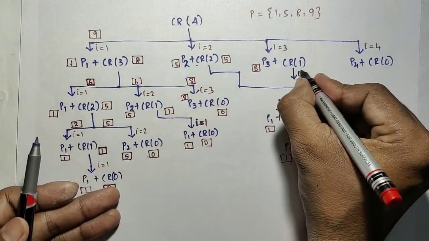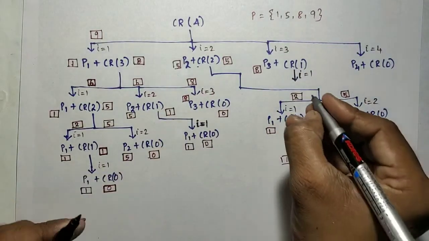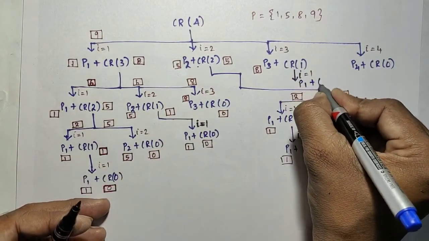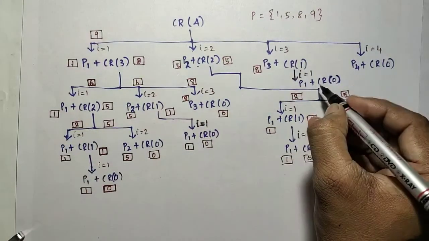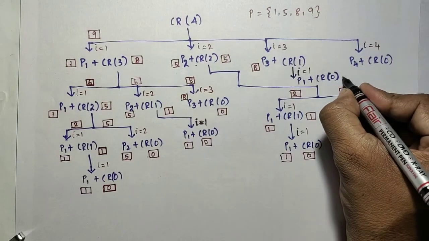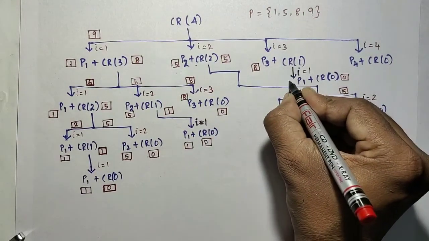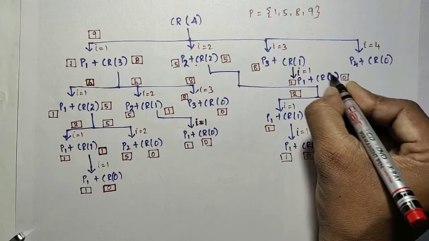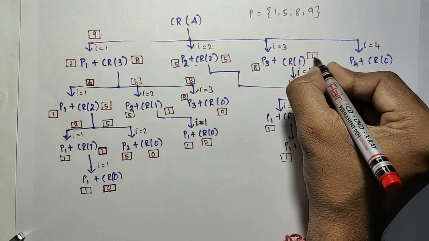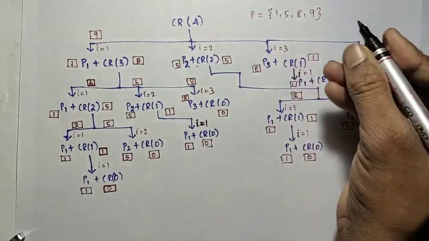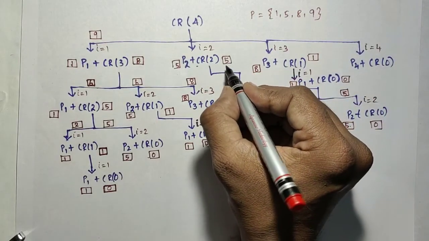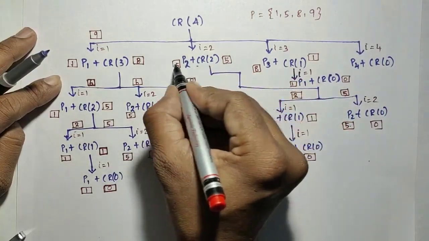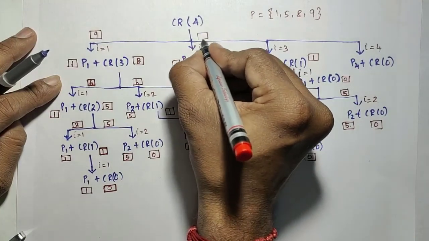I equals 1 means P1 plus CR of 0. CR of 0 is 0, and P1 is 1, so 1 plus 0 is 1. CR of 1 is determined as 1. So 1 plus 8 is 9. Here it is 5, and 5 plus 5 is 10. For this solution it is 10 actually.